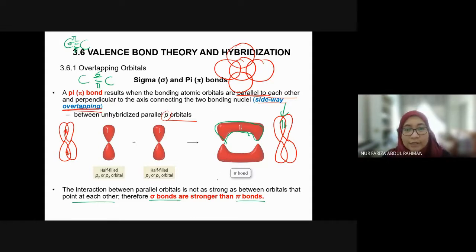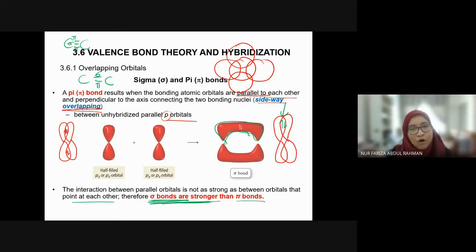Okay, please take note that sigma is stronger. Sigma is stronger than pi bond. Okay, sigma is stronger. Can you imagine you have an accident, you imagine bila the two cars collide with one another, okay, end to end, maksudnya apa, bertentang, maksudnya pelanggaran bertentang dengan pelanggaran sisi. Which one is stronger?